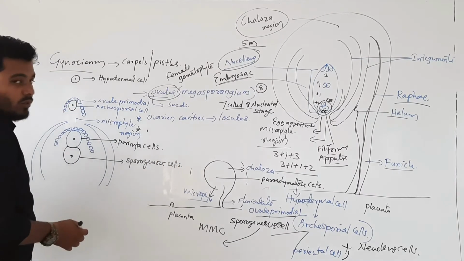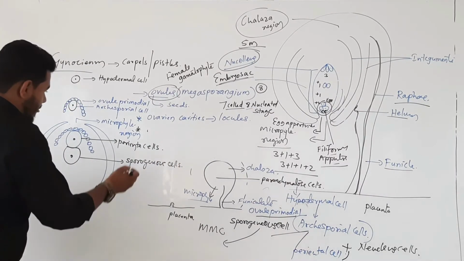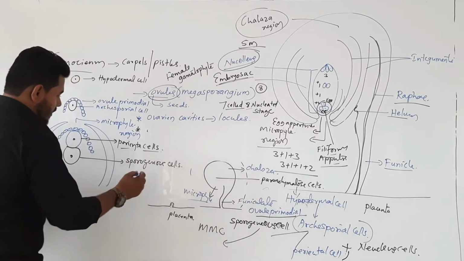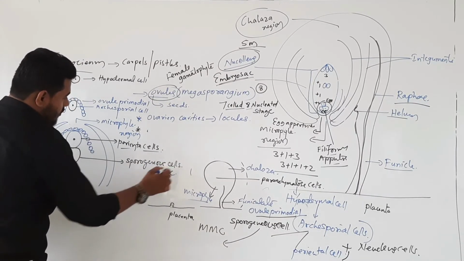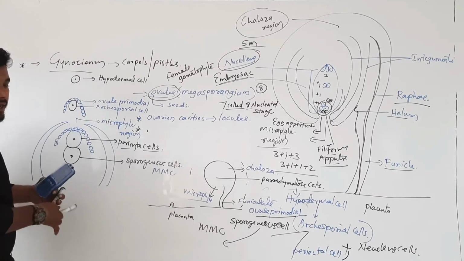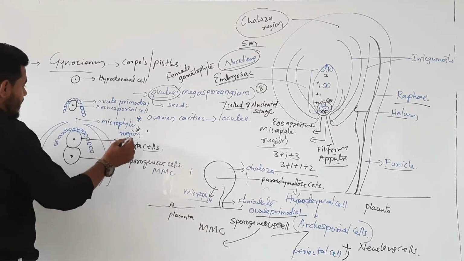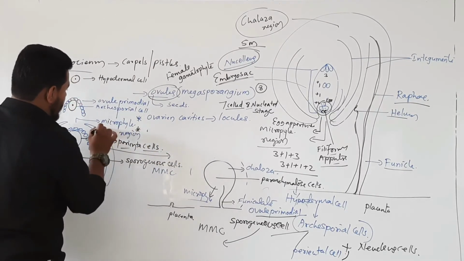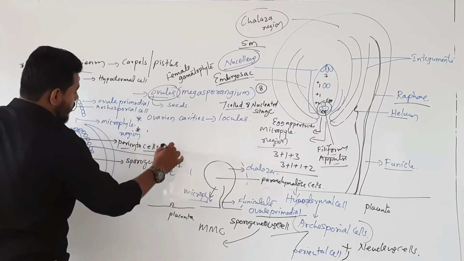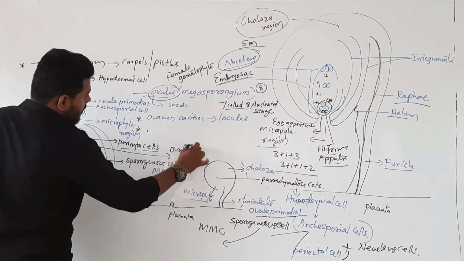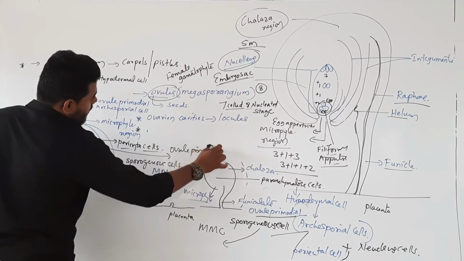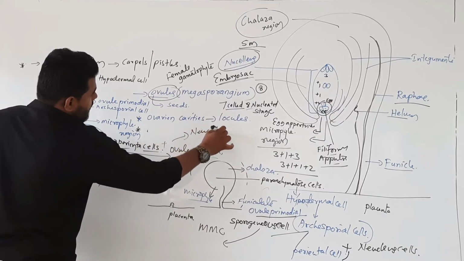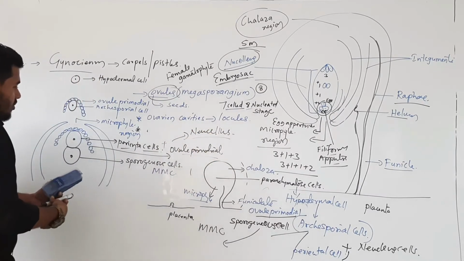Remember, the sporogenous cells will act as the megaspore mother cell, and later these parietal cells, along with the ovule primordial cells, together form the nucellus.